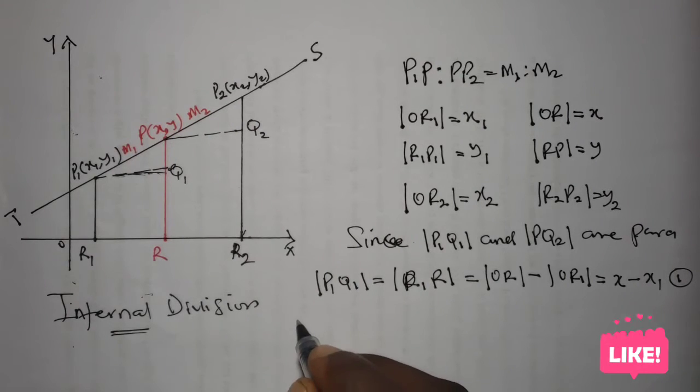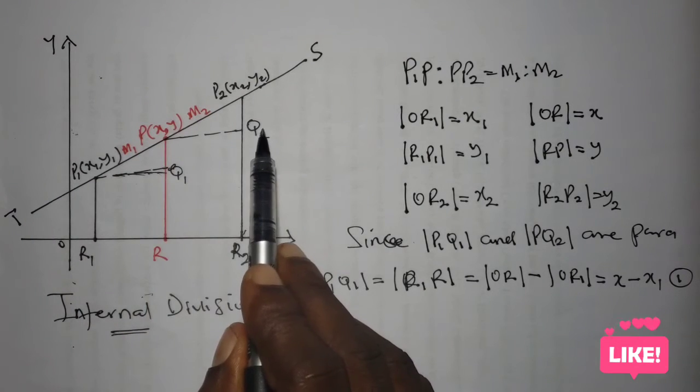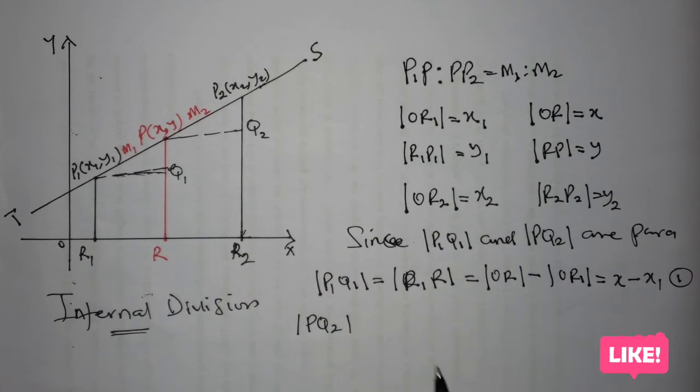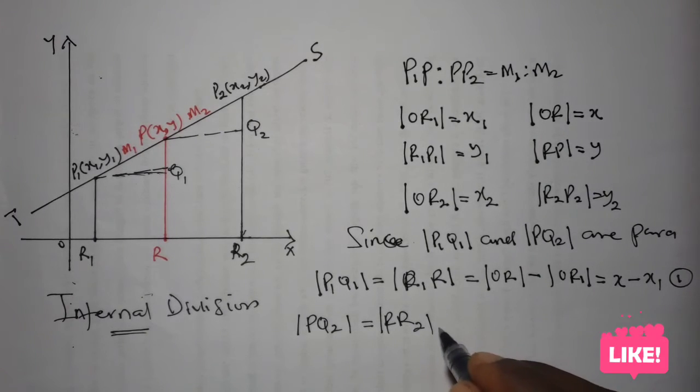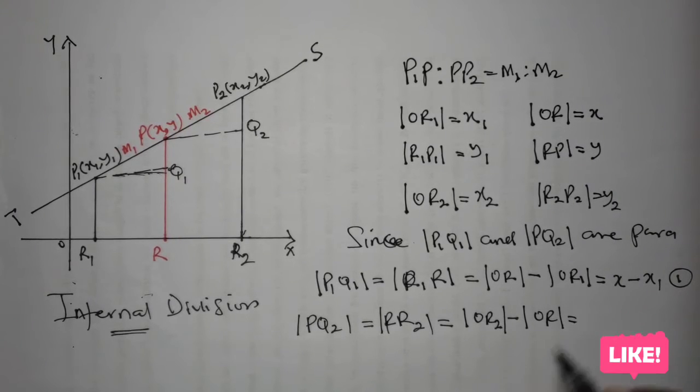Again, the other parallel line PQ2 will be equal to line RR2, which is equal to line OR2 minus line OR.